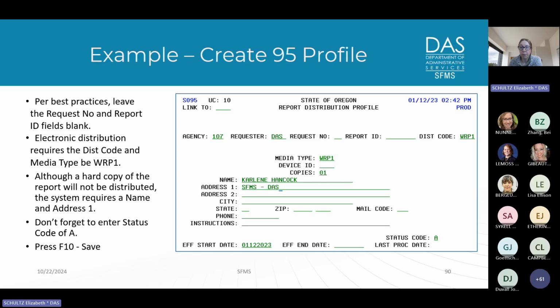We only need one copy. It's electronic. We can save off as many copies as we want, so we only need to order one. And it does require we fill in the name and the address. We're not actually having this report printed and mailed, but just putting in some information on who's requesting it so you can see this profile. So this is an example of the 95 profile that we're going to be using for this request, and that'll make sure that we get the report in an electronic format.